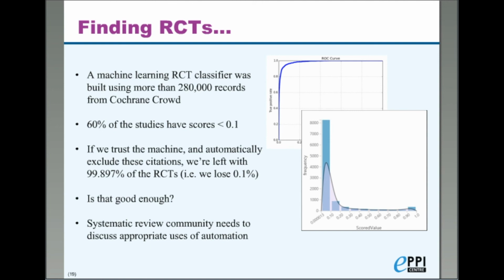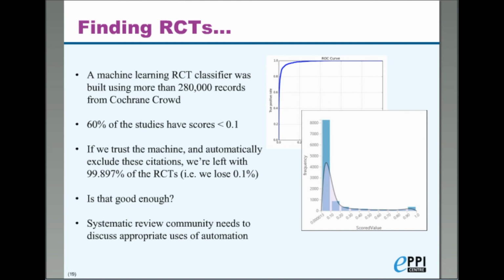We can see from the graphs here and from the text that this is a very accurate classifier. For example, if we trust our classifier to discard those references which it's very confident are not randomized controlled trials, we only potentially lose 0.1% of relevant trials.